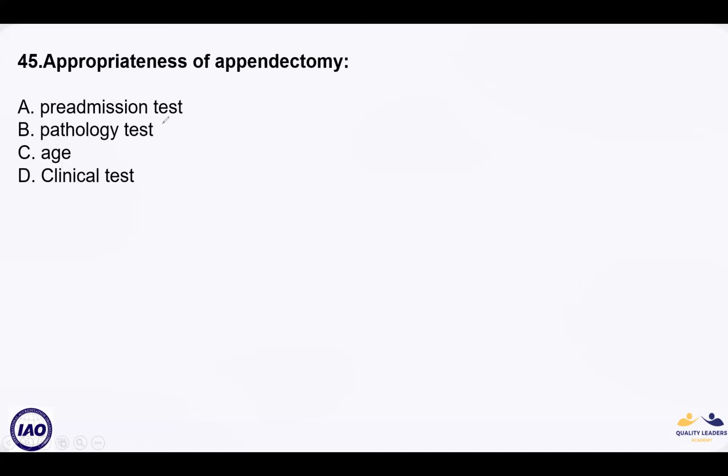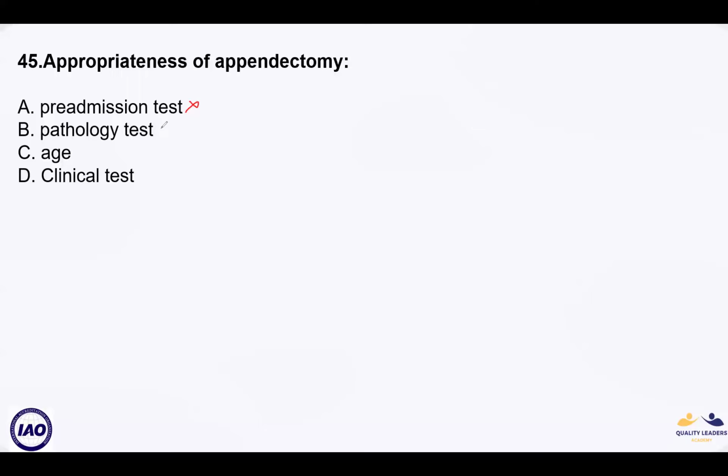So this is not. Pathology test, yes, it's a gold standard in a way, because it confirms the clinical diagnosis of appendicitis. If the pathology shows that the appendix was inflamed, then it was appropriate to do appendectomy. If at all the pathology test was negative, then it was inappropriate in a way.